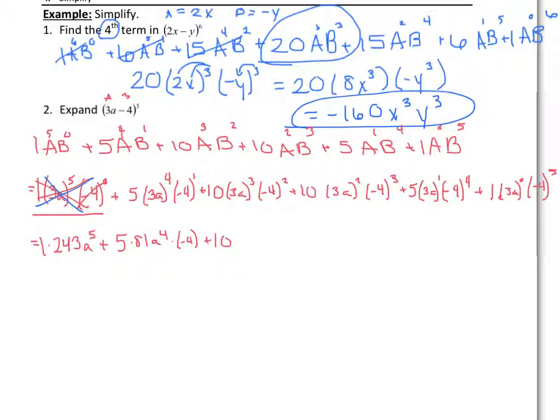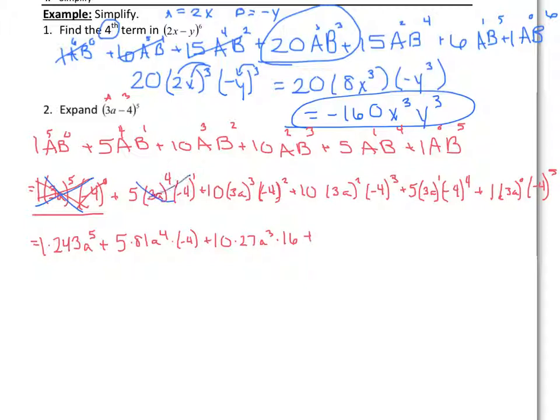Plus 10. 3 to the 3rd is 27. A to the 3rd is a to the 3rd. And then negative 4 squared. Make sure you're putting parentheses if you ever type in a negative. Negative 4 squared would be positive 16.